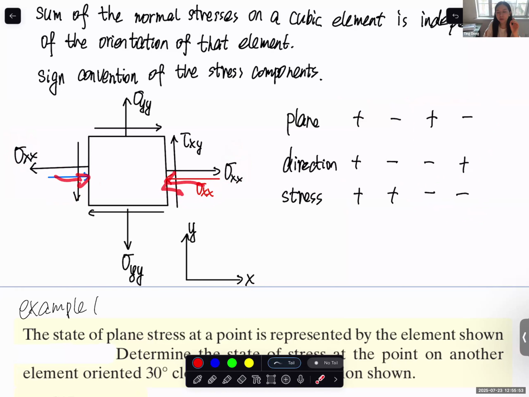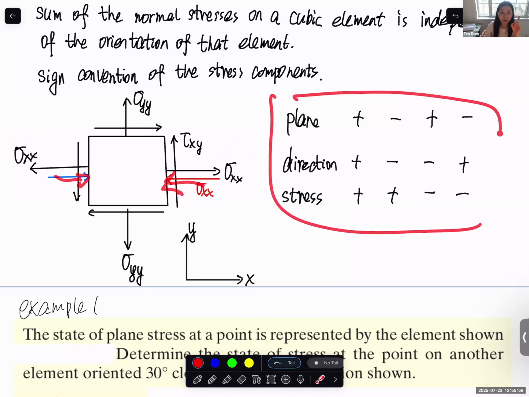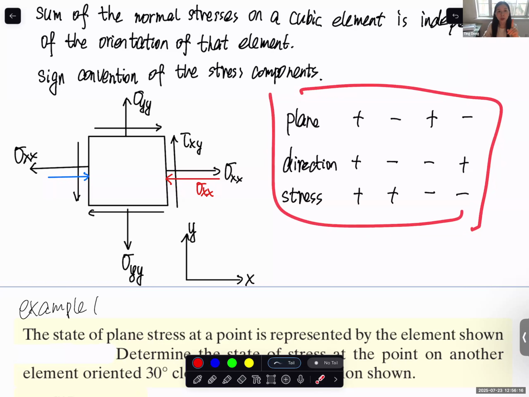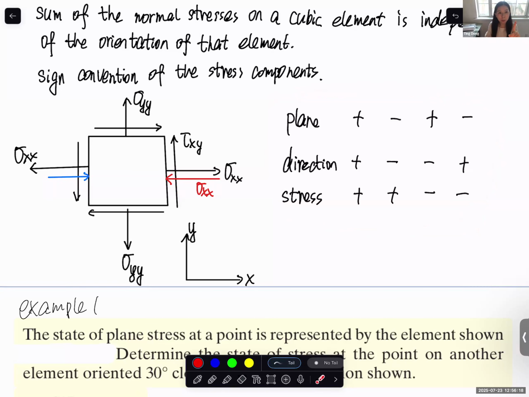So for tensile normal stress, I think it's kind of easy. You probably don't need this one to determine its positive or negative sign when you plug into the equation. You can easily consider whether it generates tensile or compressive, right? The thing is that when it comes to the shear stress, you do need this one to determine if the shear stress component is positive or negative.